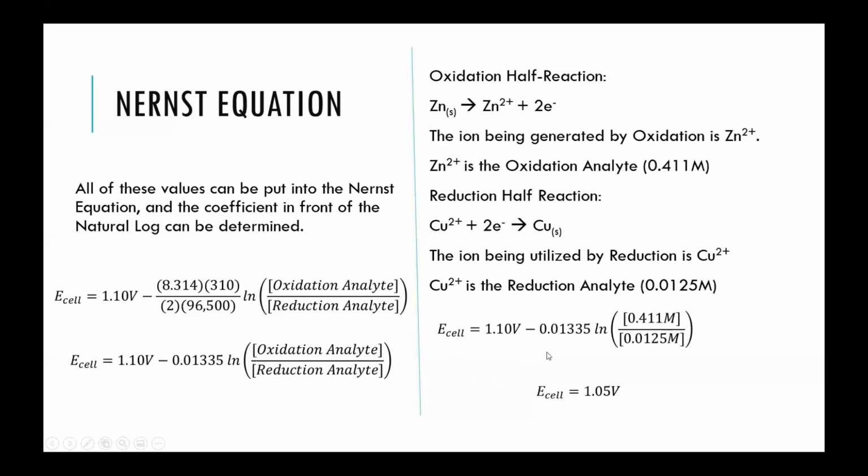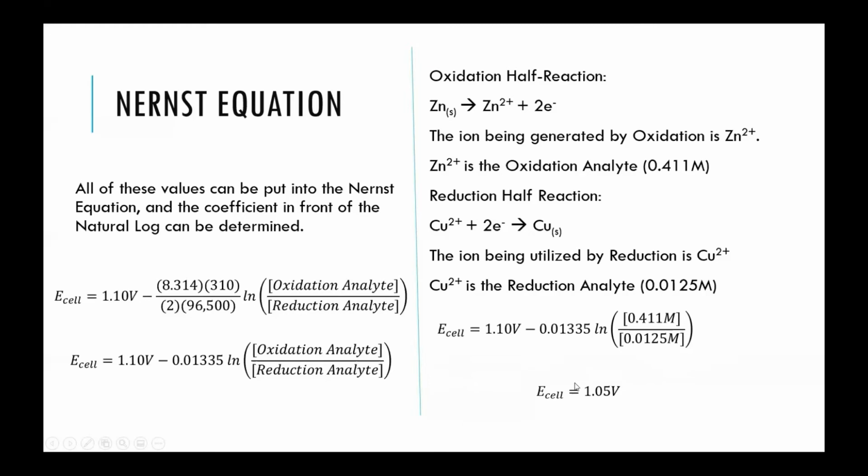And now you have all of the components of the Nernst equation to plug these in. And what you find out is that under these specific conditions, the voltage is lower. It's not quite the same. The voltage went down by a small amount, but still, it's only 1.10 volts to begin with.